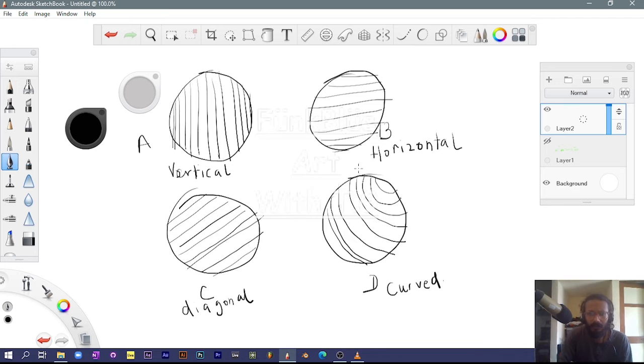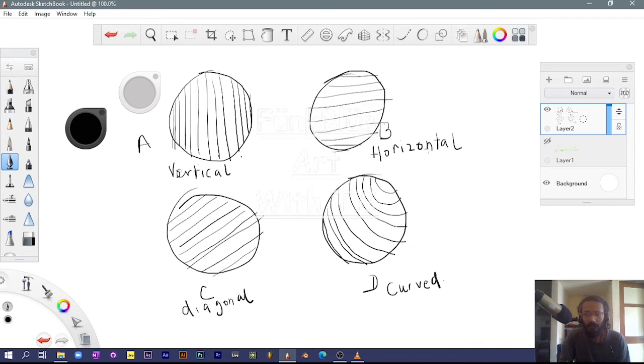So today's video is actually about the impact. You see how A, B, C, D, all of them give a very different visual to the viewer, right? This has a very different feel, this one has a different feel, this one has a different feel, and this one has a different feel.